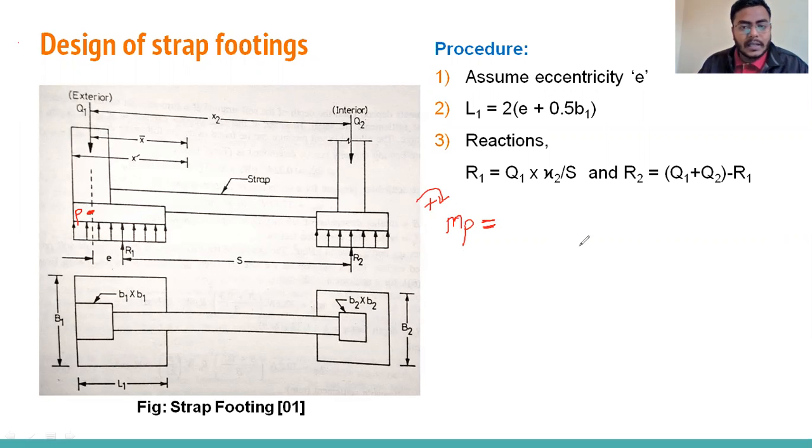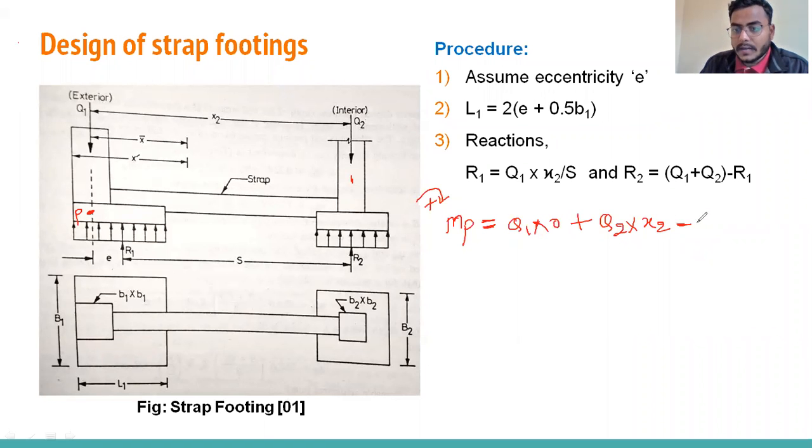So Q1 is the load coming on this point P, so here we can write Q1 into 0, plus Q2 into X2, the distance between P and here is X2, minus R2 into the distance from P, that is S plus E, minus R1 into E, right?